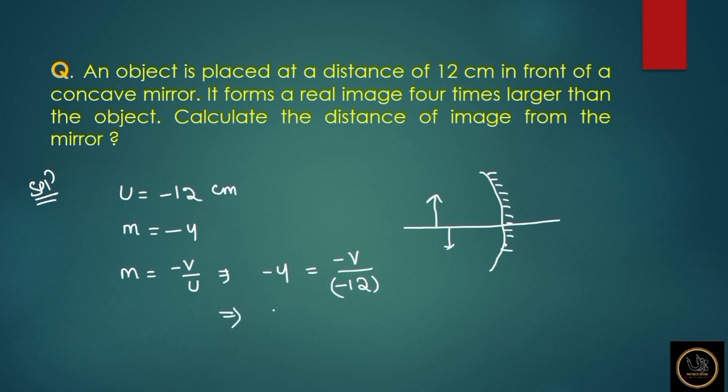So minus minus cancel out, so V is equal to 12 into minus 4 is equal to minus 48 centimeter. Clear? So in the next video I will discuss some numericals related to refraction of light.